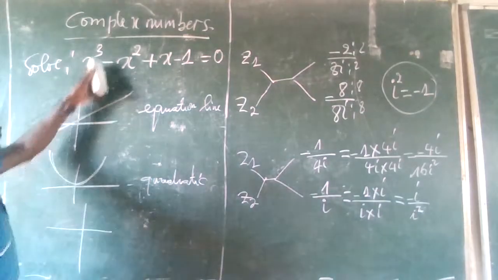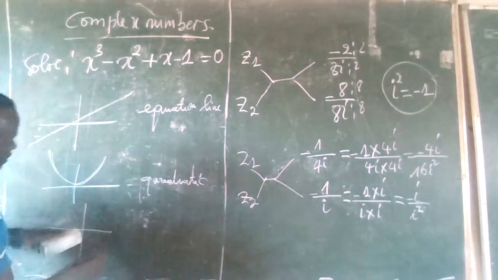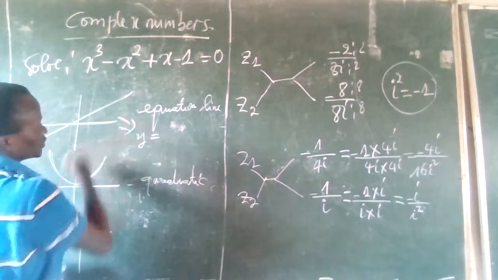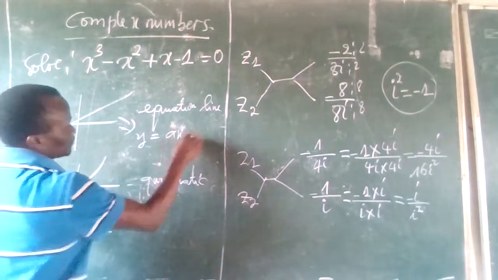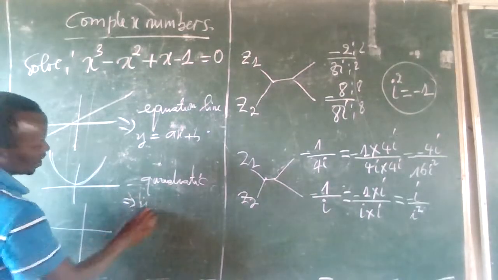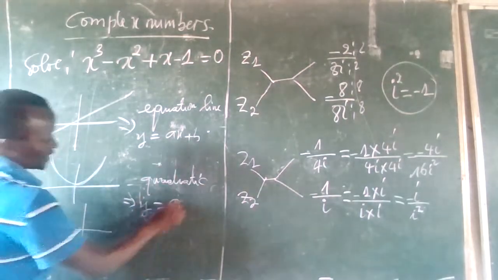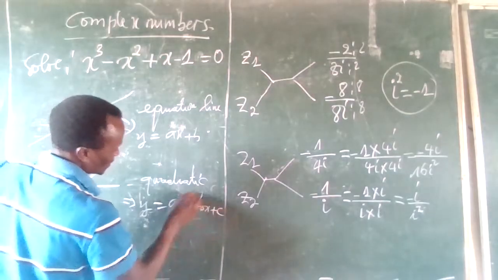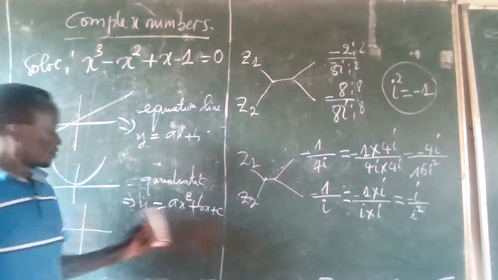About polynomials, where we have x power 3, here it is y. This is the equation of a line: y equals ax plus b. Now for a quadratic, y is equal to ax squared plus bx plus c.